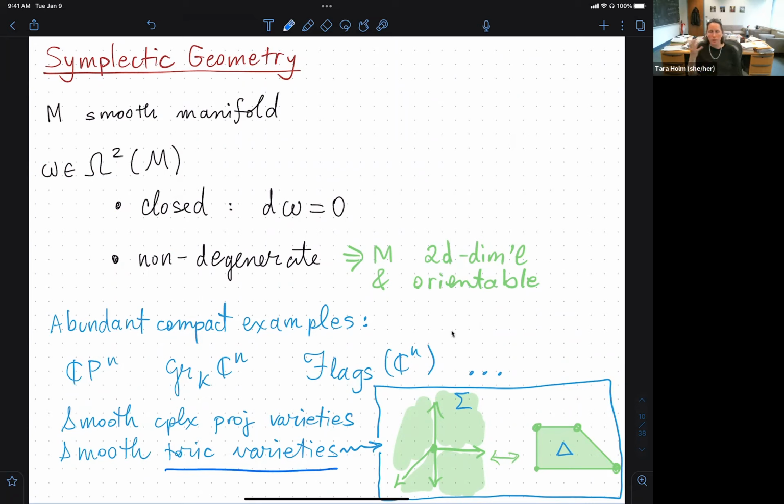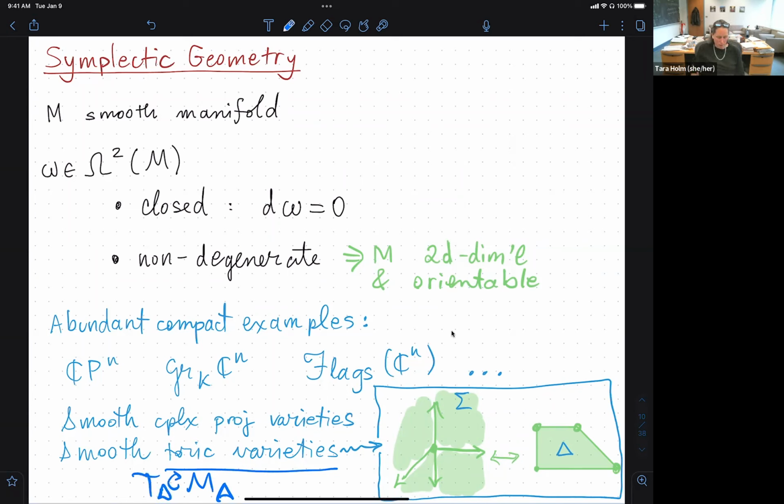A toric variety, since I'm on the compact manifold side, I'll call it M delta, together with its torus action.